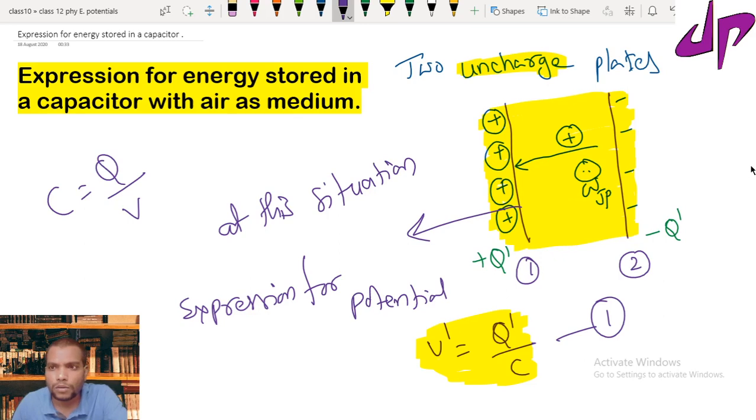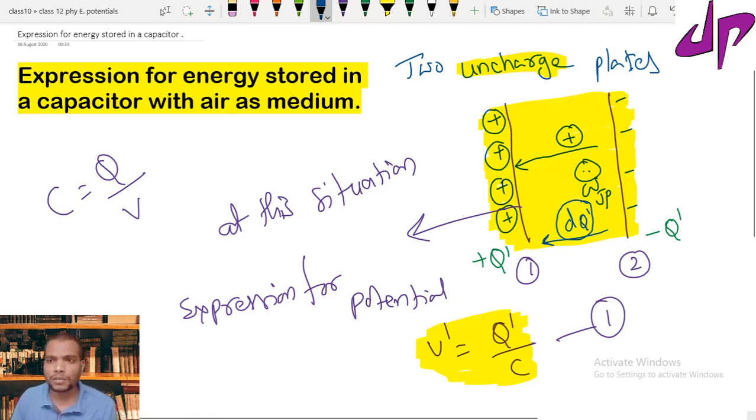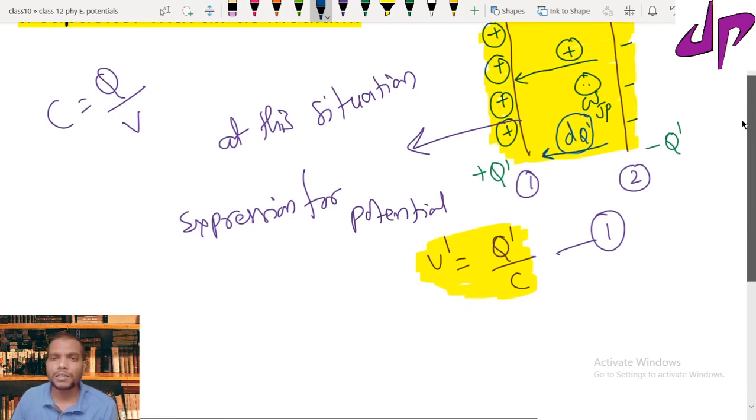Now suppose I am doing work to carry a small positive charge dq dash from the second plate to the first plate. What is the work done by me?